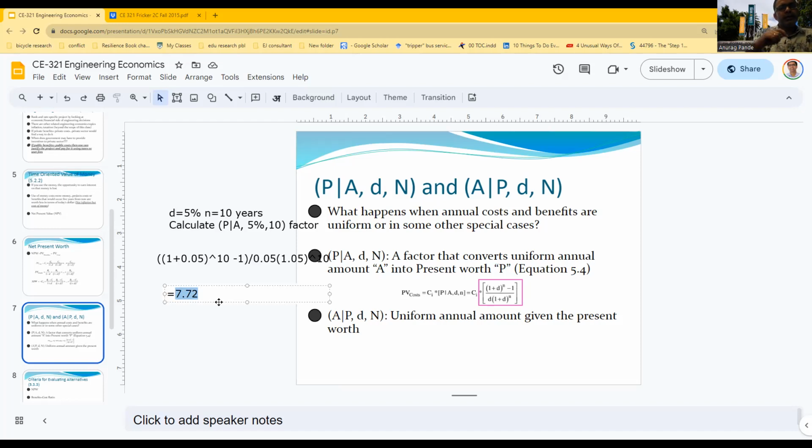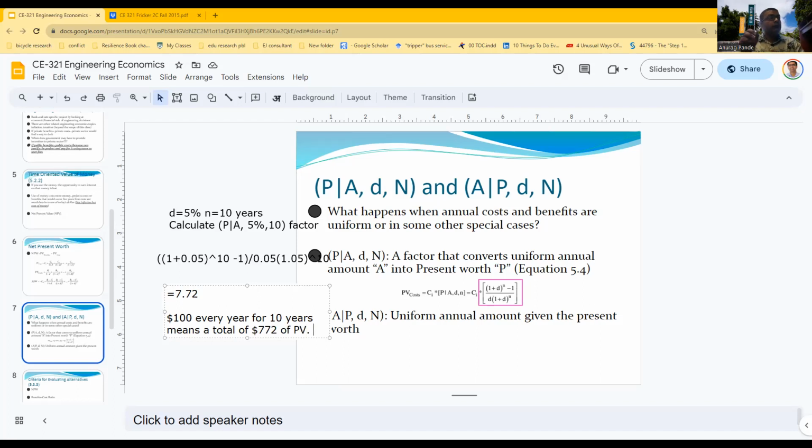So if you add up $200,000 for 10 years and want to calculate its present value, let's do a simple example. $100 every year for 10 years means we'll have $772 of PV.